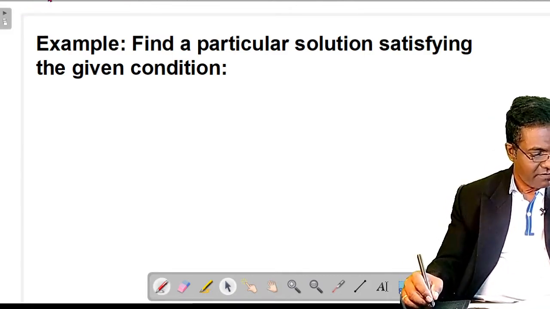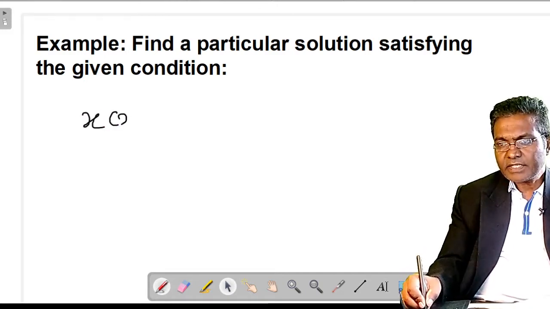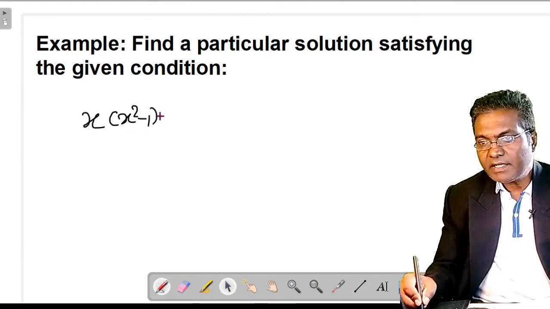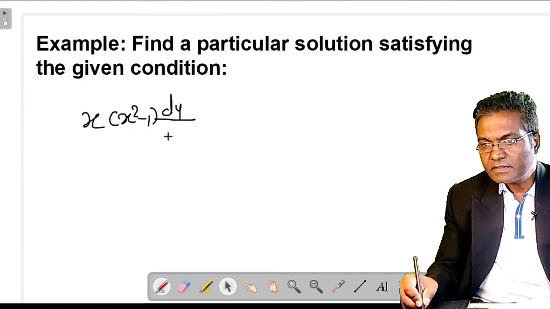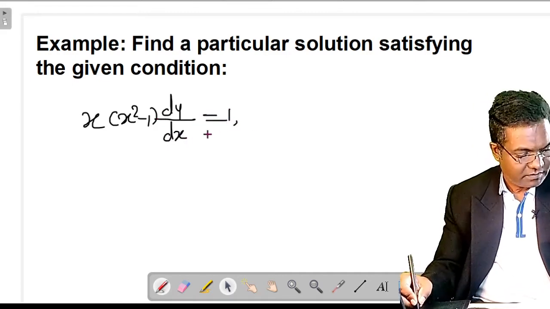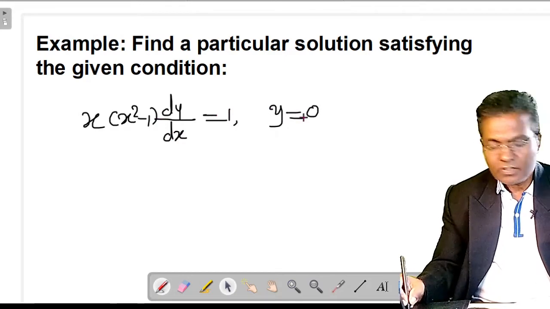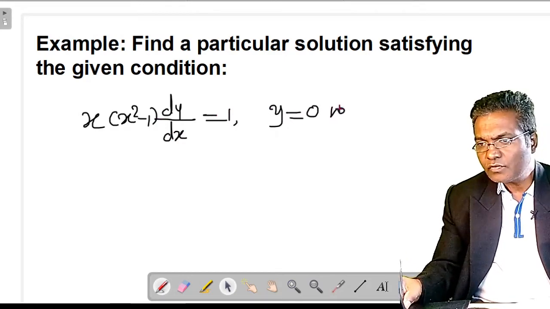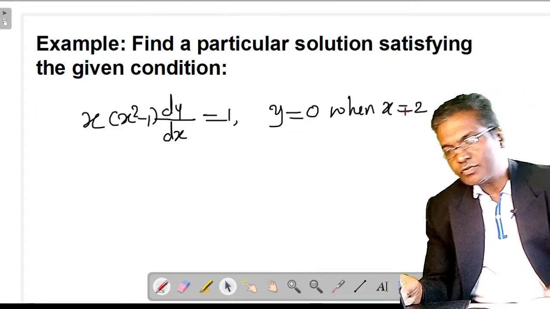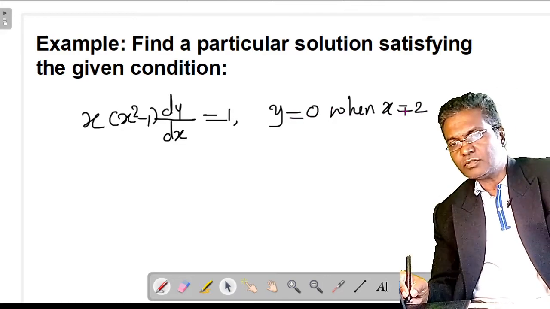So you are given x into x square minus 1 dy by dx equals 1, and the conditions are y is equal to 0 when x is 2. These are also called initial value problems.